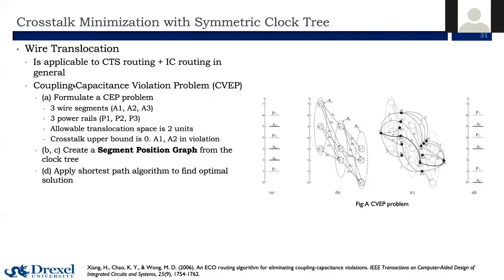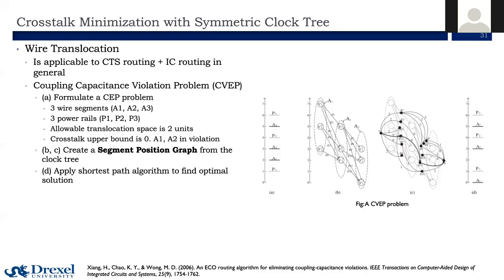So here we have a coupling capacitance violation problem. In section A of the figure, we have three wire segments, A1, A2, A3, and three power rails, P1, P2, and P3. Here we have A1 and A2, which are within the effective coupling threshold.